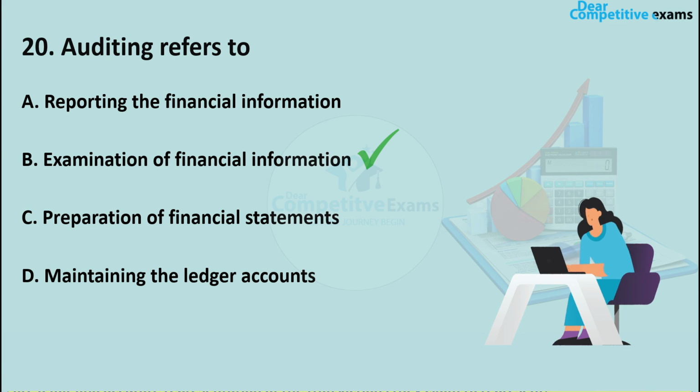Every company or organization does some kind of transaction every year, and to check their authenticity, how fair and accurate the transactions are, to examine that financial information, auditing takes place, right?